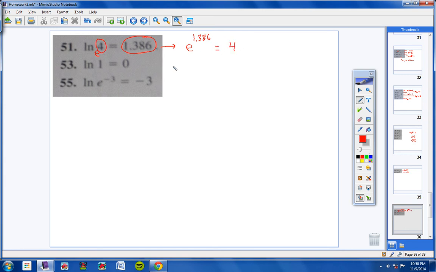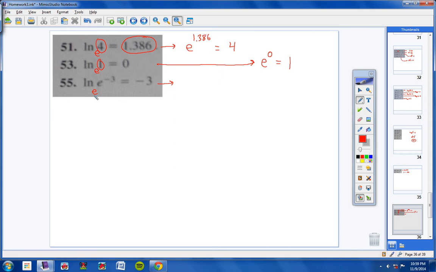There we go. Under this one here, it's a natural log, so we know the base is e. So here's your base. Put your base here. Here's the number all by itself. That's your power. Here's your argument right here. Your argument goes here. There we go. Last one. Your base is e.